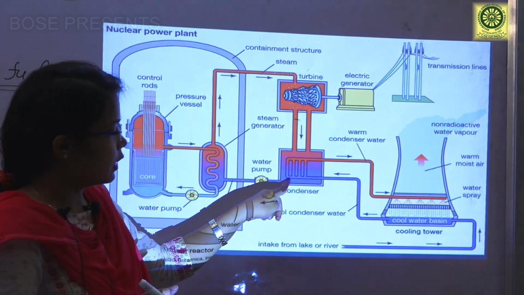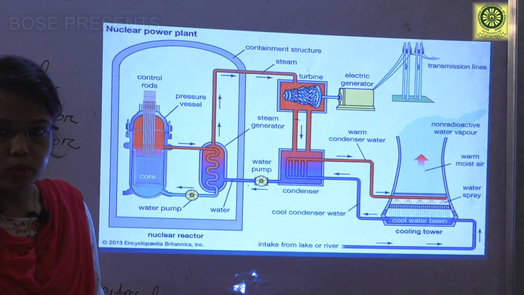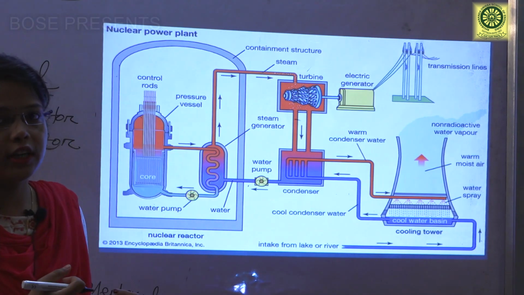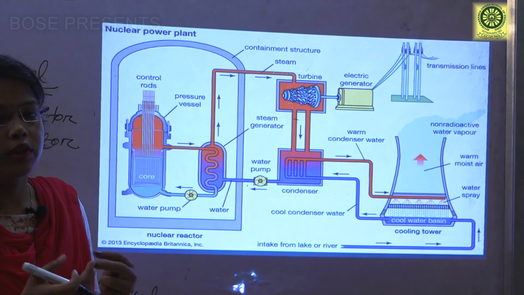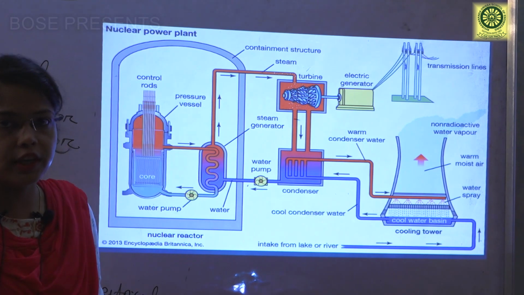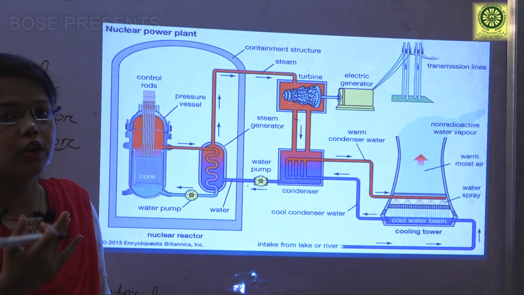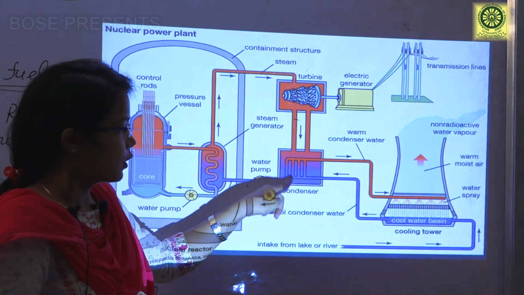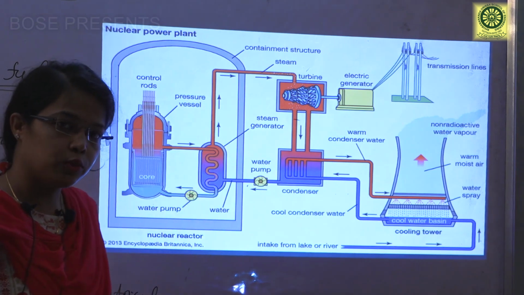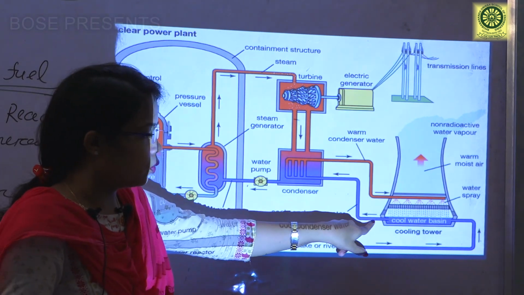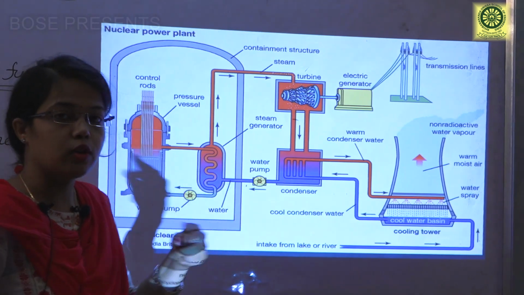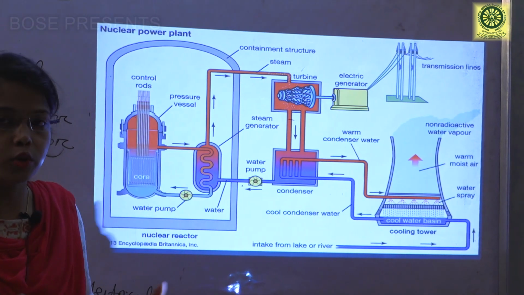The steam is rejecting heat, and the cold water is absorbing the heat of the steam. When the cold water absorbs the heat, the steam is converted into water, and the water going from the cooling tower into the condenser is converted into warm or hot water.